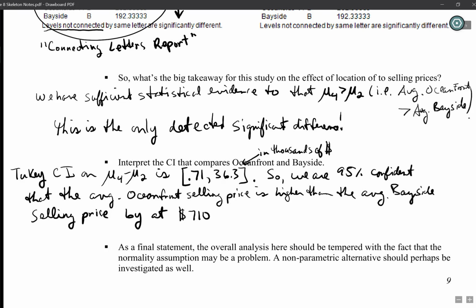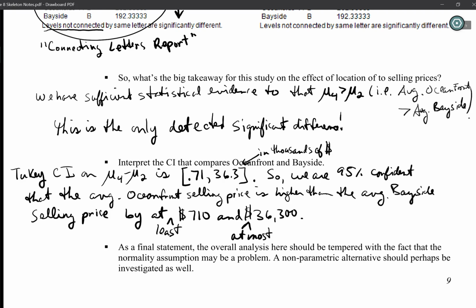That would be the least difference in the averages, and the most would be, moving the decimal over 3 times, $36,300. I missed some words in here: by at least $710 and at most $36,300. That's pretty important to include those.